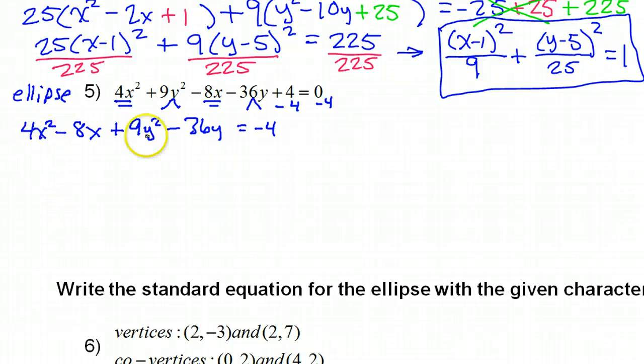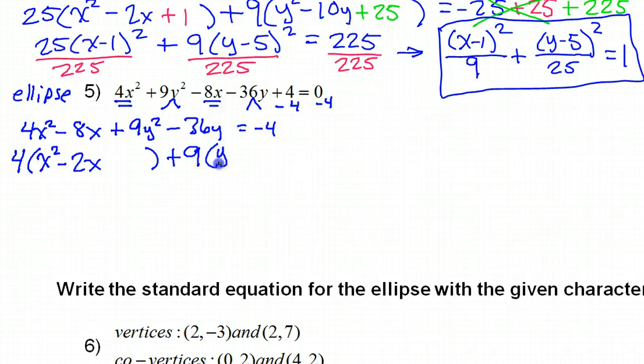Now, the x squared and the y squared both have a coefficient. So that's going to have to be factored out. So I'm going to bring that 4 out front. And that's going to leave behind x squared minus 2x. All right, I am going to leave a space here. Let's pull out that 9 as well. And that's going to leave behind y squared minus 4y, leave a space, equals negative 4.